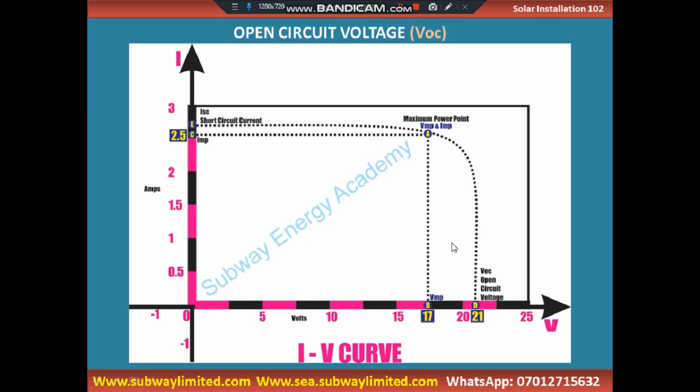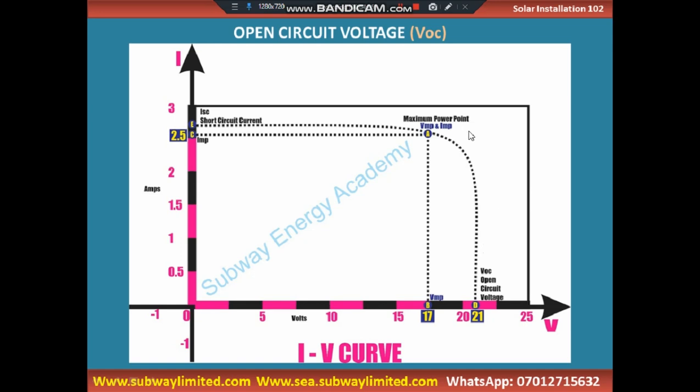So the open circuit voltage of a solar panel is the voltage gotten across the two terminals, the positive and the negative terminal of a solar panel, when the solar panel is not connected to any load.